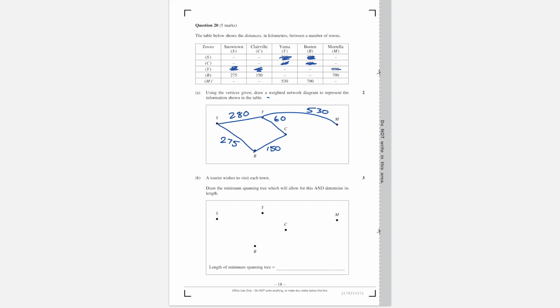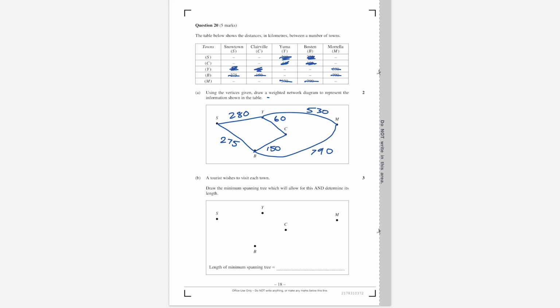And then B and S, 275, already got that. C and B, 150. Yep, already got that. Y and M, 530. Got it. B and M, 790. Yep, and this is B and M again. All right, so we're done.